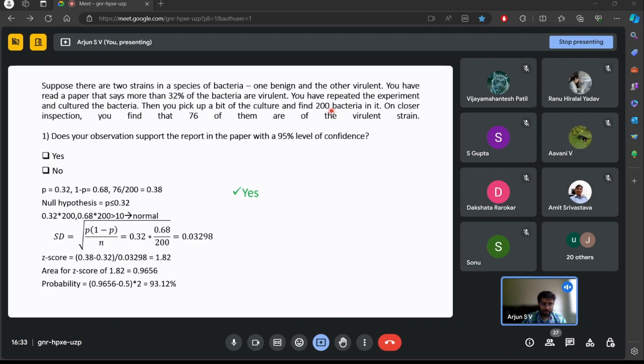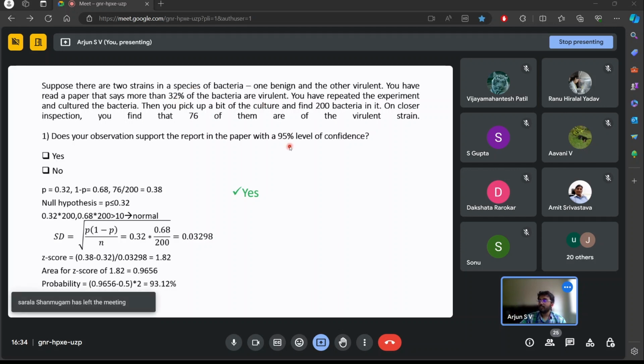They're asking whether your data can support the paper's data. 76 by 200 gives you 0.38, but here it's given 0.32, which is 32%. So both of them are not the same. They're asking if you can support their data with your data at a 95% level of confidence.